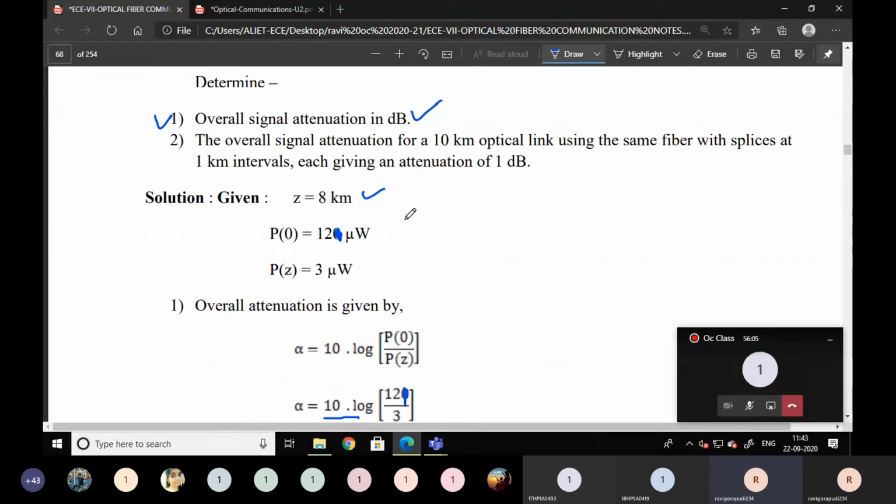And again it is asking about the same optical fiber with splices at 1 kilometer interval, each giving an attenuation of 1 dB. For example, this is my fiber I am taking.